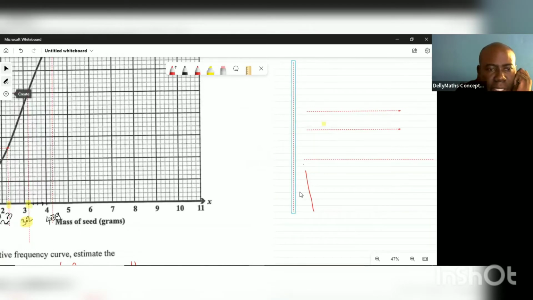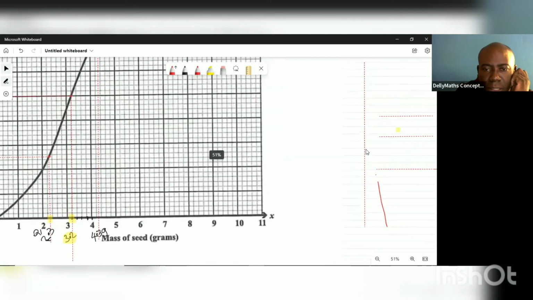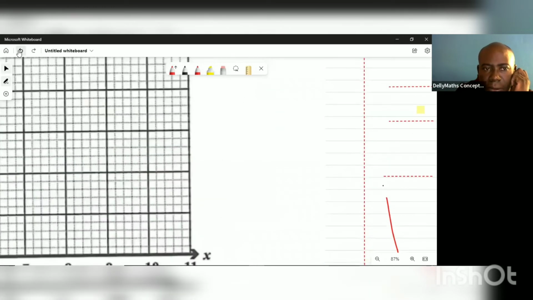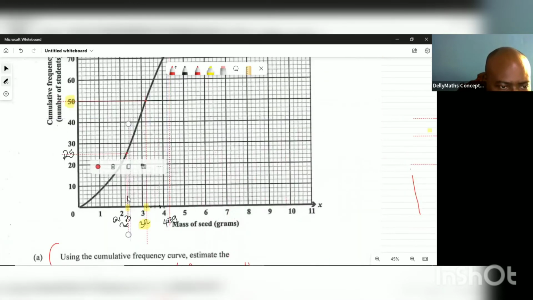Now, based on our reading, 2.8 is right here. So 2, 2.2, 2.4, 2.6, 2.8 is right here at this marker. That marker before you reach 3 is 2.8.